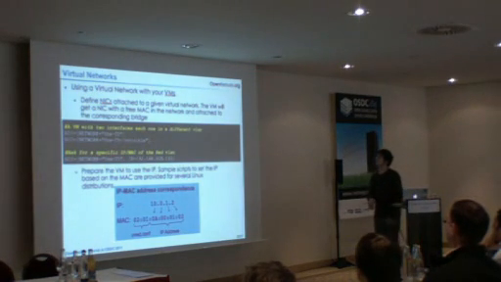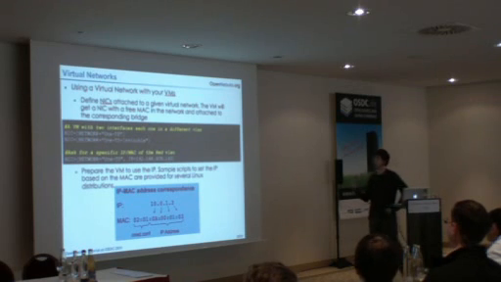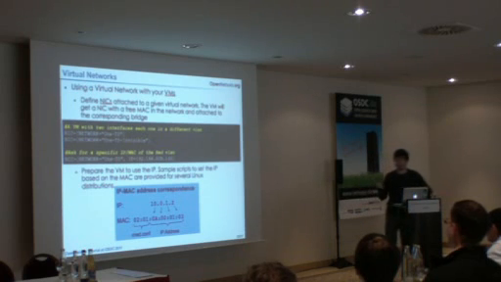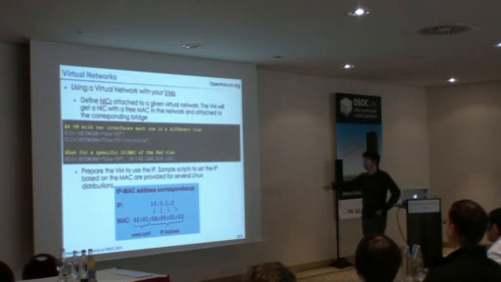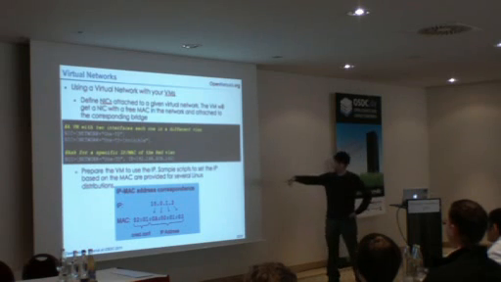Okay, a bit more then on virtual networks. When you define a virtual network, basically what happens is that your virtual machine ends up with a MAC address. So we also provide the scripts for several Linux distributions that will perform this mapping over here.